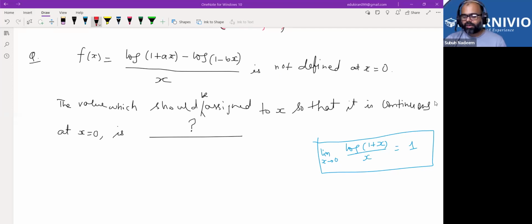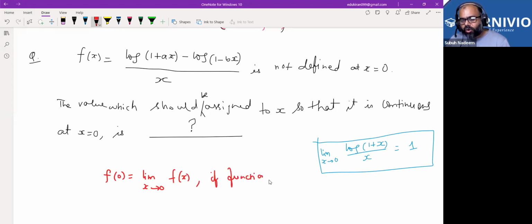So the basic concept here is that the value of the function at 0 is limit x approaching 0 f(x), if the function is continuous at x is equal to 0. If it is not continuous, then they may not be equal.